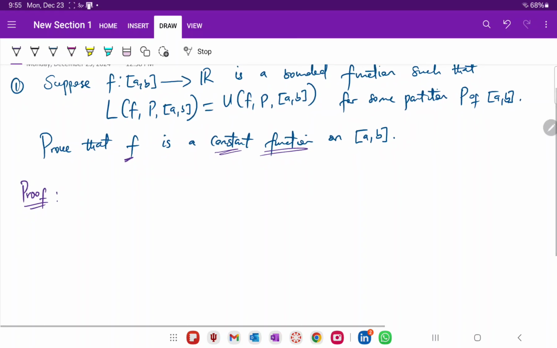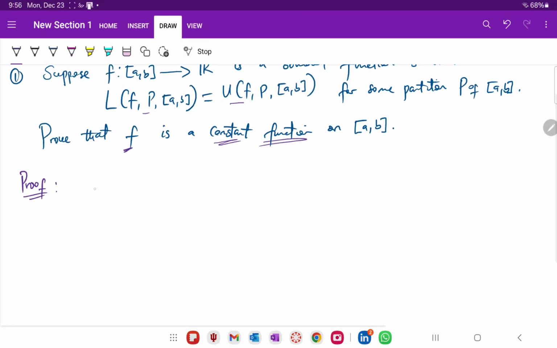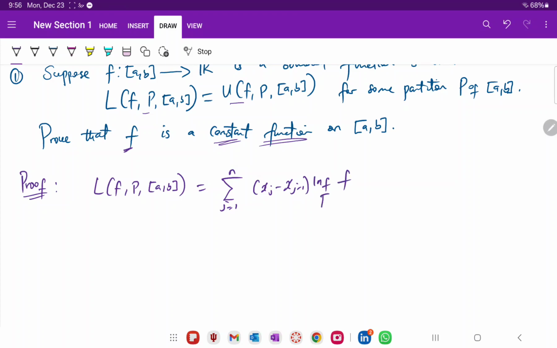So first, we are given our lower Riemann sum to be equal to the upper Riemann sum. So let's first of all define that. In our previous video, we have our lower Riemann sum defined as the summation of the subintervals, j equals 1 to n, infimum of f over the interval [s_{j-1}, s_j].